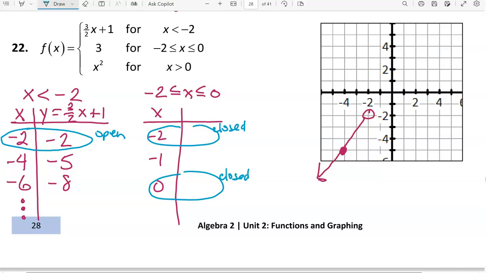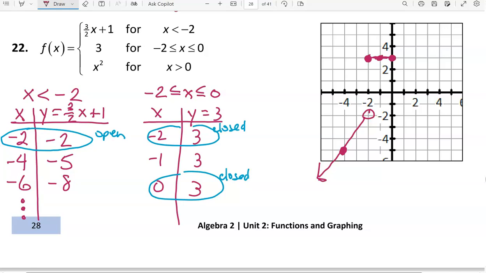And our y values are always equal to 3 for this piece of the graph. So the y values are 3. Now let's graph those ordered pairs. -2, 3, closed circle. -1, 3 in the middle of that interval, and 0, 3, the other end of the interval, gets a closed circle. There's a graph of that piece of the function.